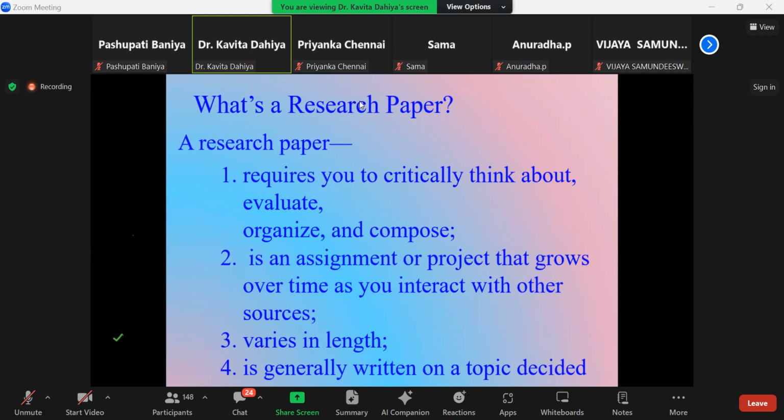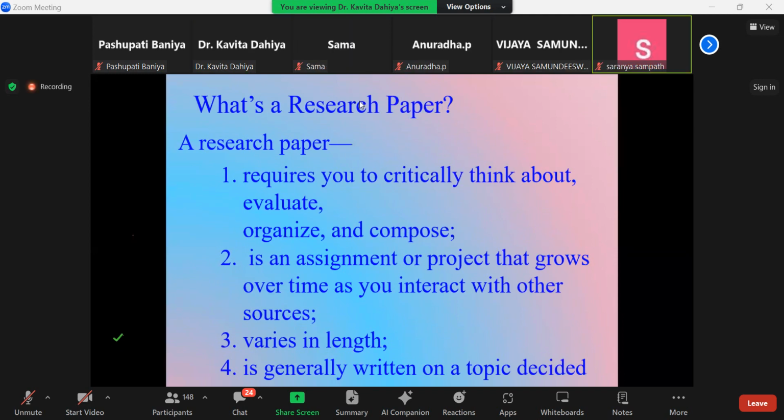In upcoming sessions, we will discuss the hypothesis and how to frame the hypothesis. Then I'll explain how this critical thinking is assisting you, or helping you, to frame the objective and the hypothesis, as well as to evaluate, organize, and compose the research.